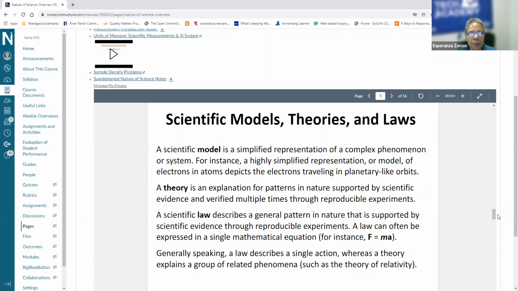And then once we get beyond the observing, right, we may want to find a way to model a certain phenomenon. Okay. So we can't see electrons, but we observe them indirectly. And so we can come up with a model that helps us to understand the behavior of those electrons.